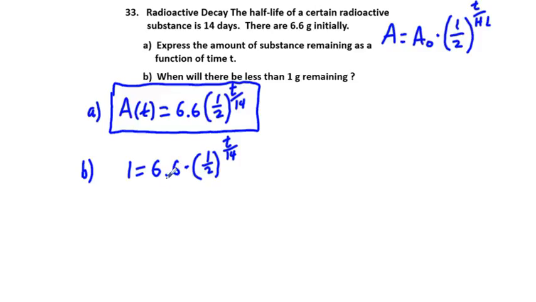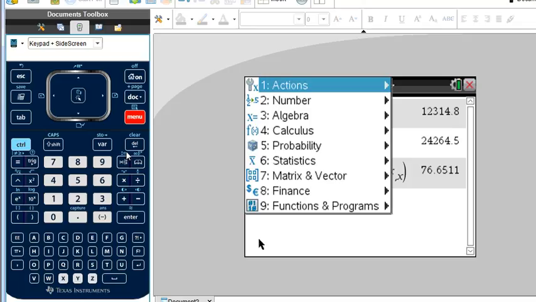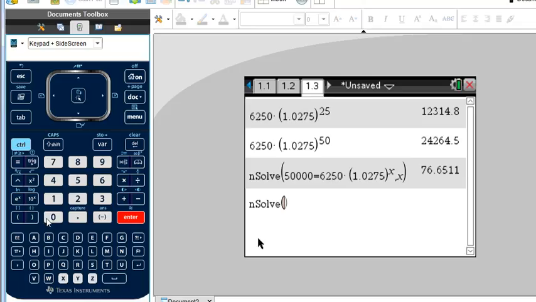Well, we can solve this by dividing by 6.6, right? But I'm going to be lazy and go to numerical solve again, which is algebra 3, option 1. So we have 1 gram is equal to our starting amount, 6.6 grams, times our base, 0.5, for half-life, to the power of x over 14.